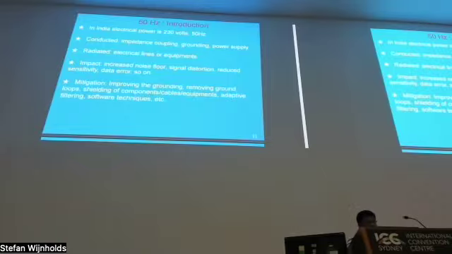The impact is increased noise floor, signal distortion, reduced sensitivity, data errors, and so on. Mitigation is improving the grounding, removing ground loops, shielding of components, cables and equipment, adaptive filtering, and software techniques. These can be used to mitigate or reduce the 50 Hertz.